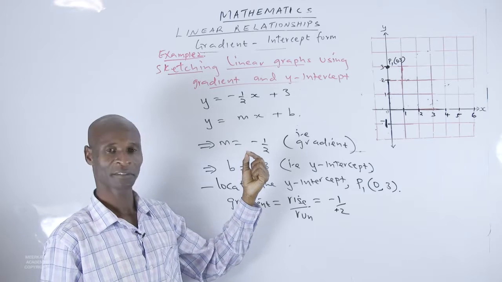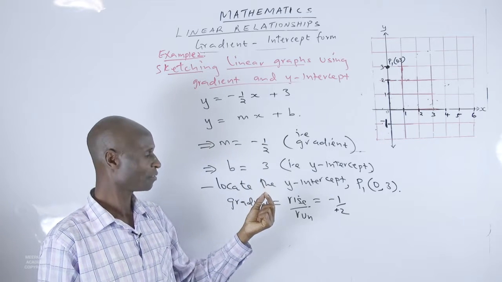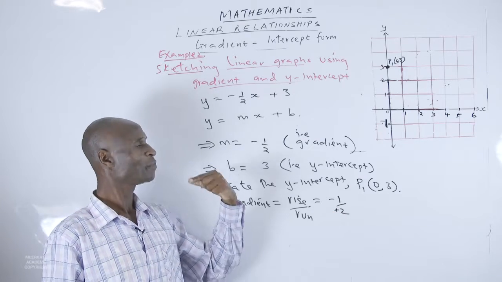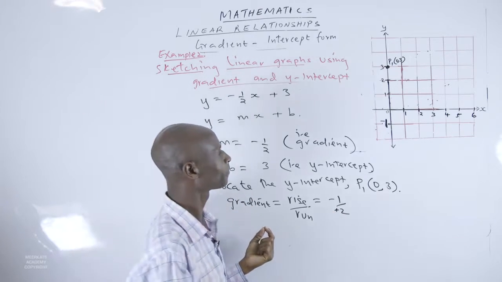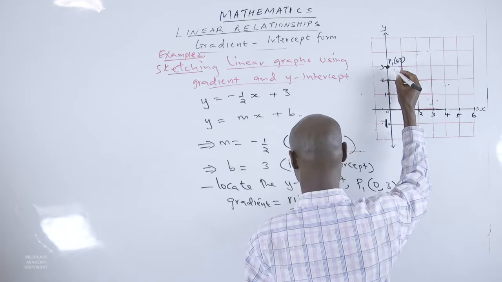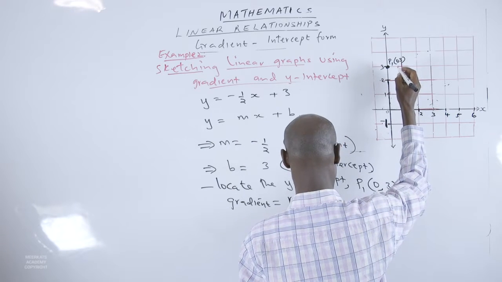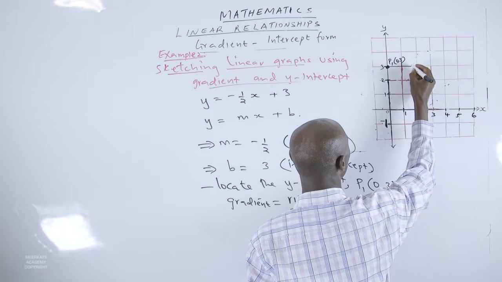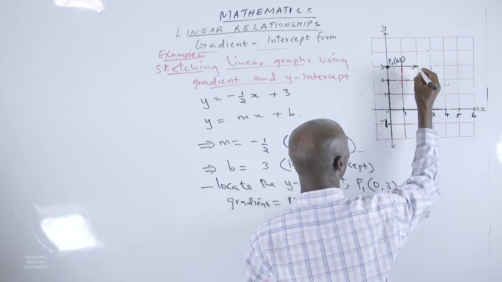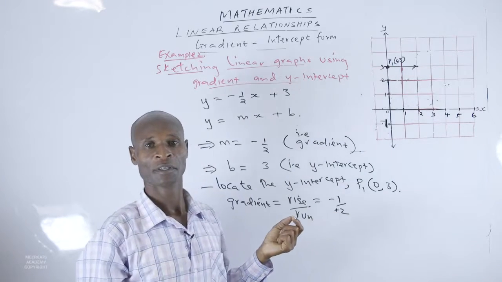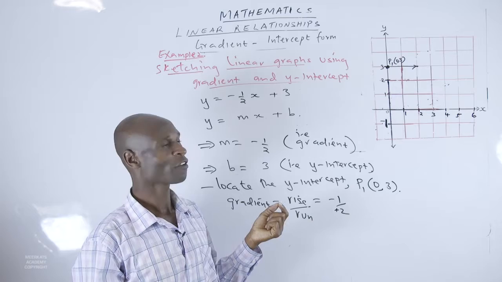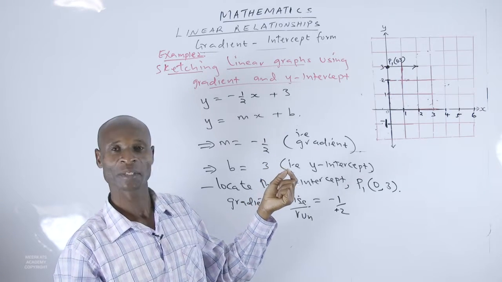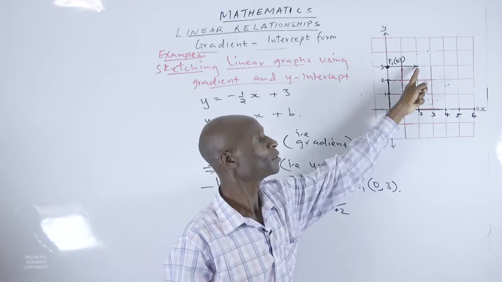From the point P1, our y-intercept point, we shall move 2 units across, or we can say move 2 units to the right. When we move 2 units to the right from our y-intercept, you notice that we are now at point 2, 3.